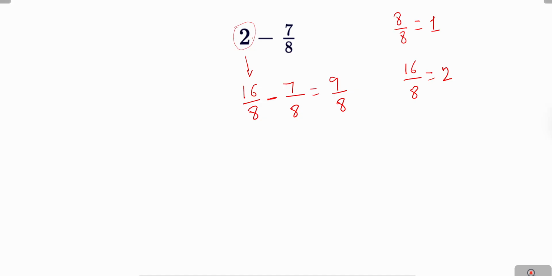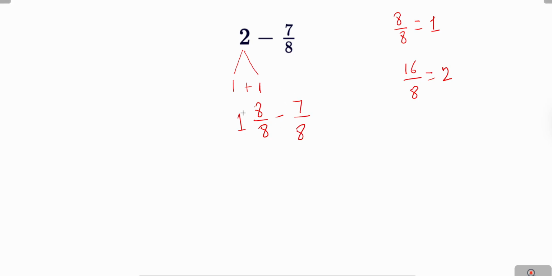There is another way to break this. We know that 1 plus 1 is 2. So we can convert this 2 as 1 whole plus 8/8, as 1 and 8/8 minus the 7/8.